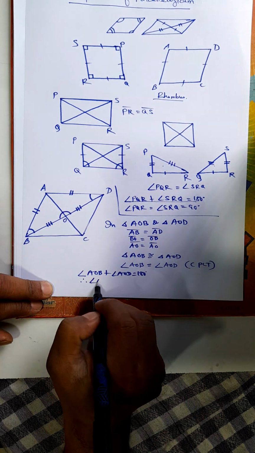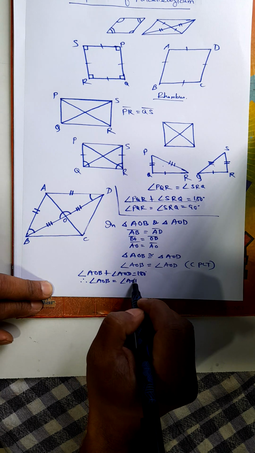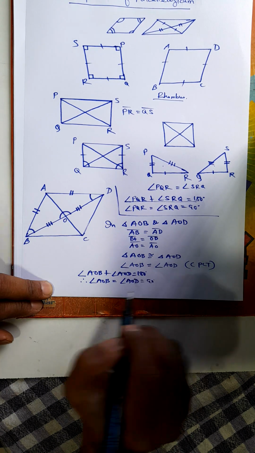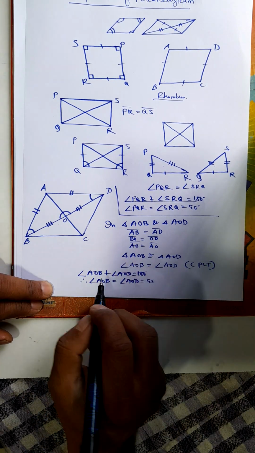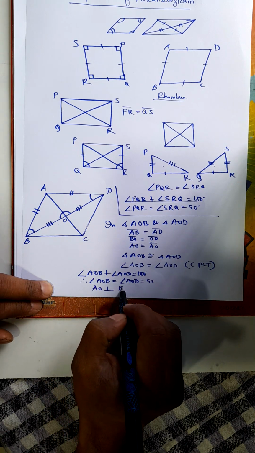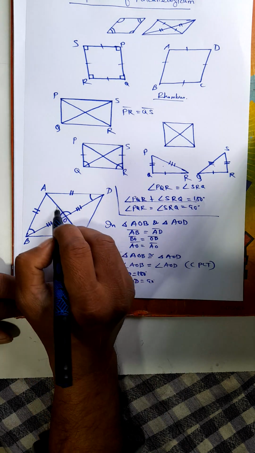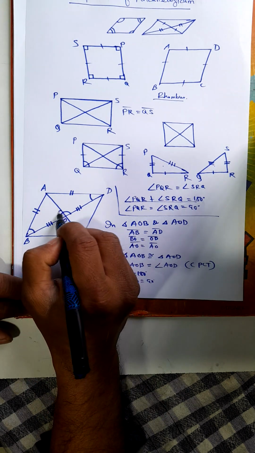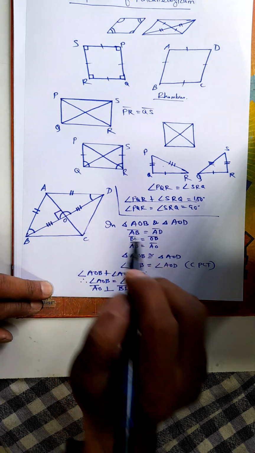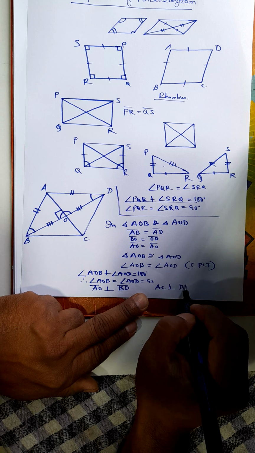Therefore angle AOB equal to angle AOD equal to 90 degrees. So we can conclude that AO is perpendicular to BD. That means this angle is a right angle.